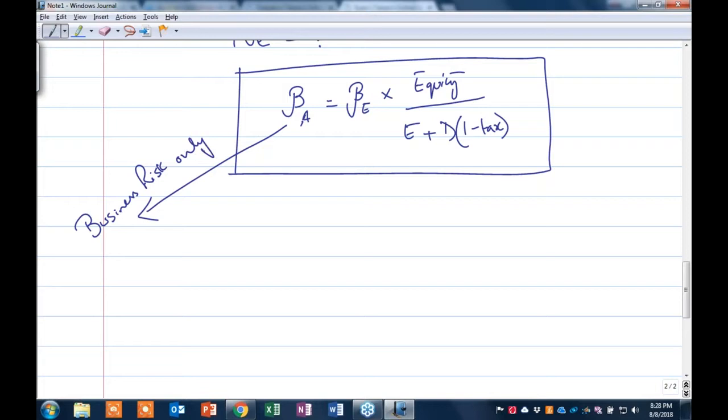So this formula is very helpful for incorporating or eliminating financial risk from beta values.